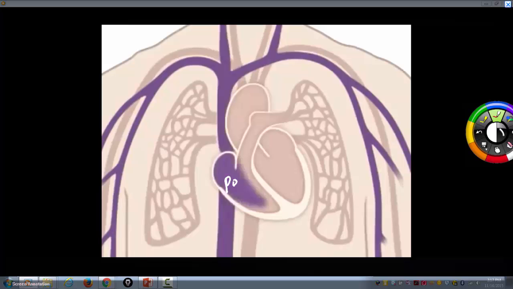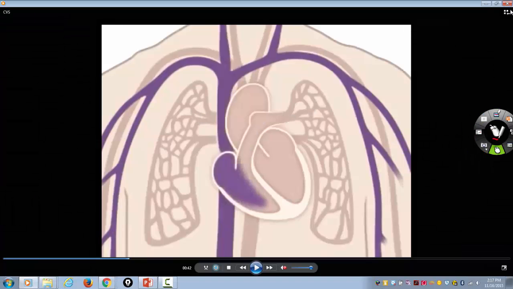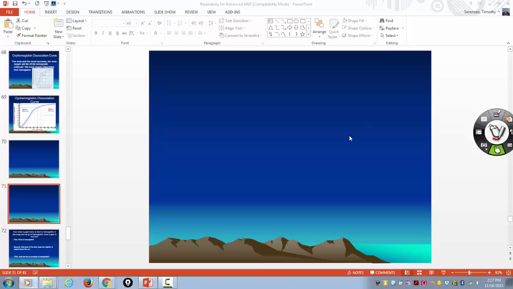So what's the PO2 of venous blood? 40. And when that blood is pumped, it is going to be pumped into the pulmonary trunk, left and right pulmonary arteries, pulmonary arterioles, and finally they're going to terminate at the pulmonary capillaries. Remember, every alveoli is associated with a pulmonary capillary.